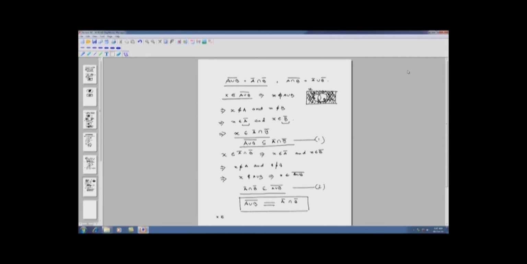Here our starting point is x is inside A intersection B complement.